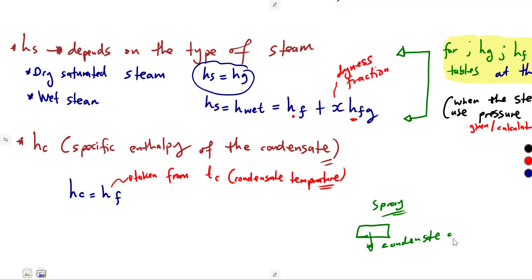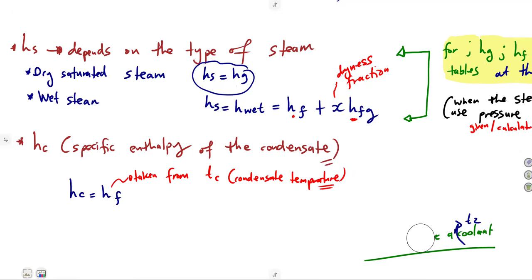So at the exit where the coolant is at T2, the condensate is also at that same temperature T2. You must take note, because they are not going to give you that one.